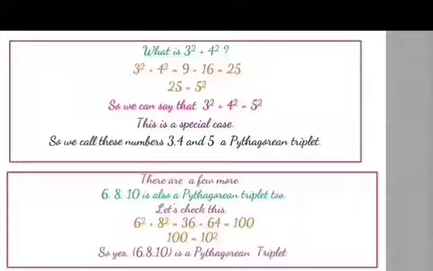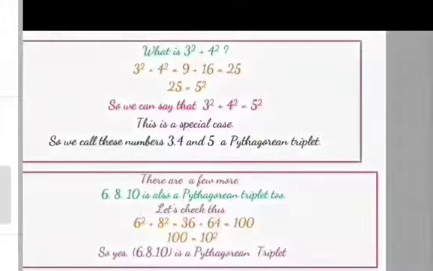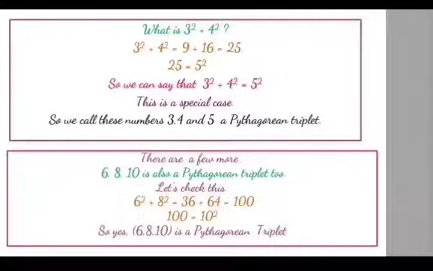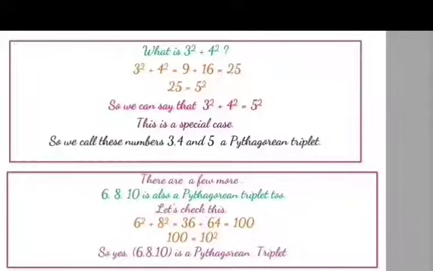Here we have one more example where the members are 6, 8 and 10. These three members are given to us. We have to check whether these are the members of a Pythagorean triplet or not. Very first, we will find out the squares of the two smaller numbers. 6 square plus 8 square. 6 square is 36. 8 square is 64.